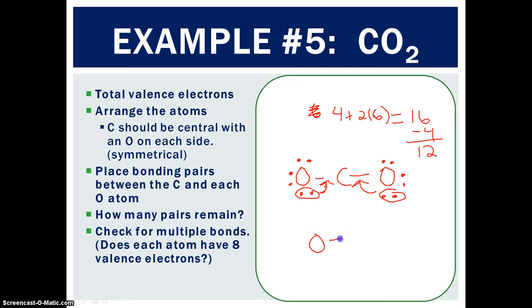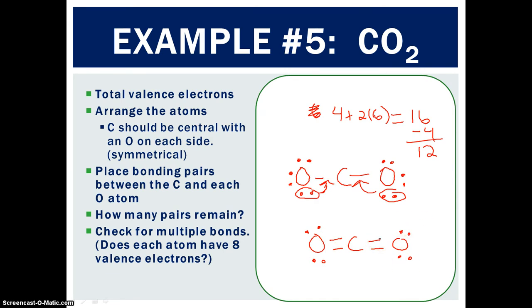I have oxygen double bonded now to carbon, so 2 shared pairs of electrons with each oxygen, and each oxygen still has 2 unbonded pairs. If you count them up around the carbon, you have 8 valence electrons now, and 2, 4, 6, 8 around each oxygen.